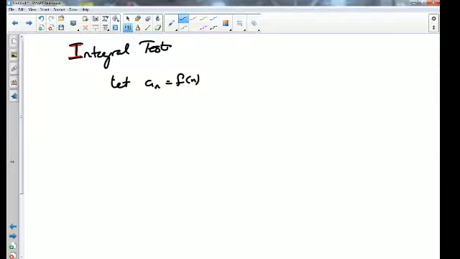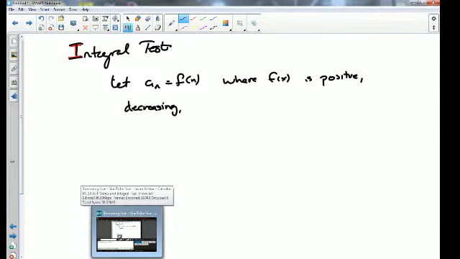Let a sub n equal f of n, where f of x, the actual function in real numbers, is positive, decreasing, and there's one more condition, and continuous.